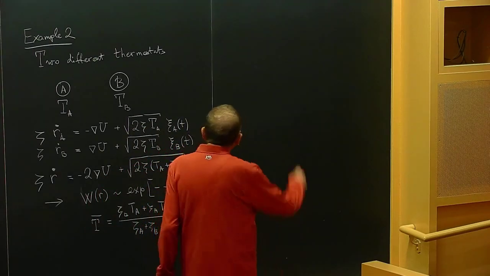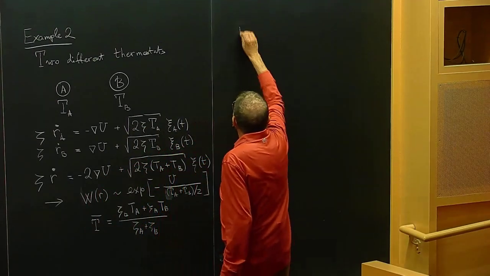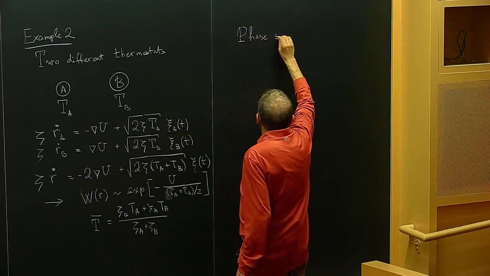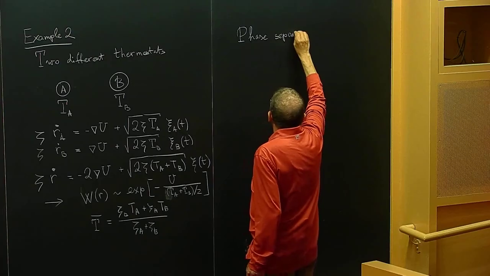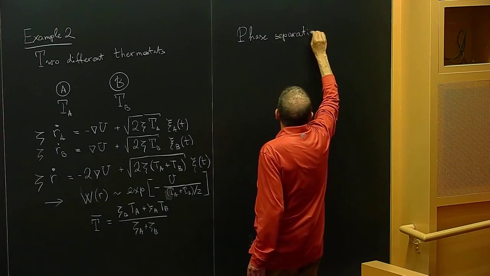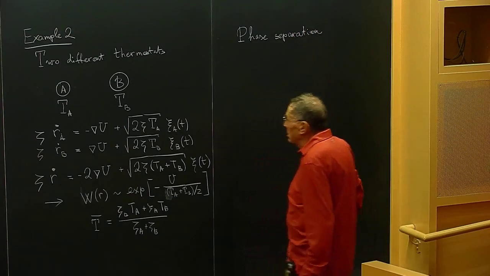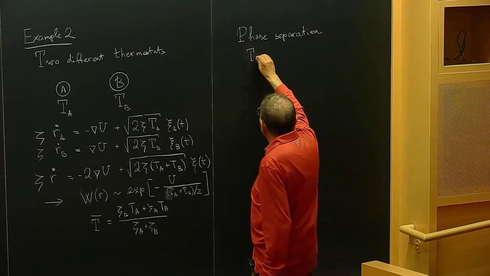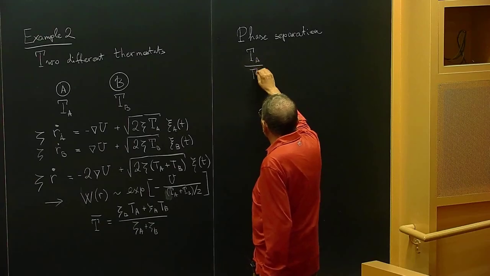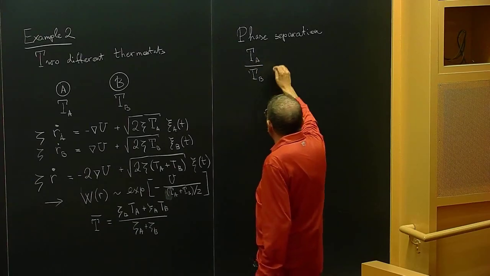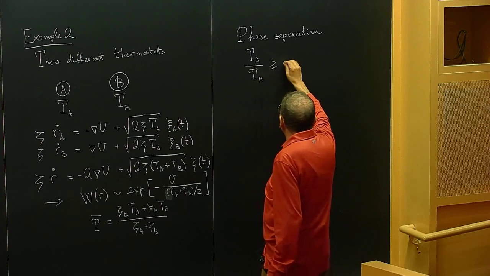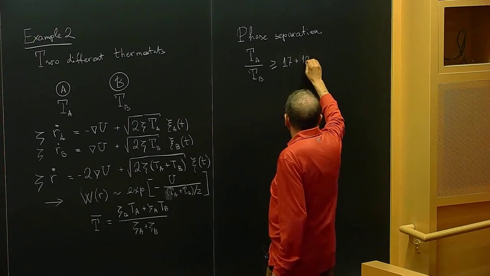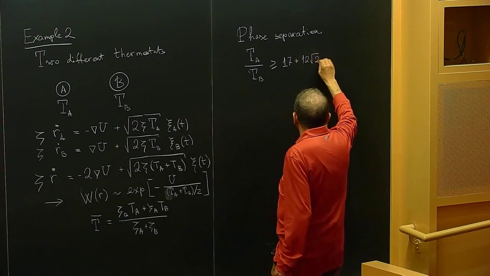They phase separate if the ratio between Ta and Tb is sufficiently large. Namely, van der Waals theory showed that the ratio should be bigger than this strange number.